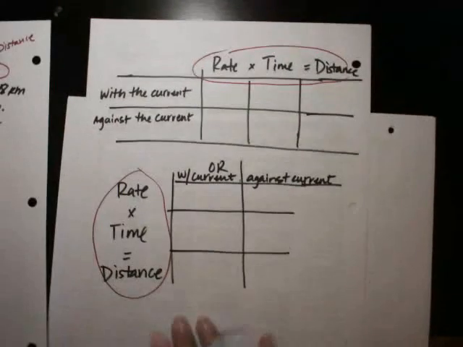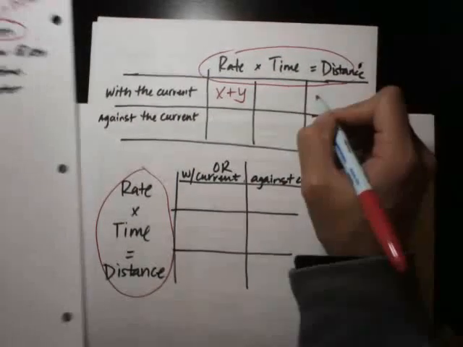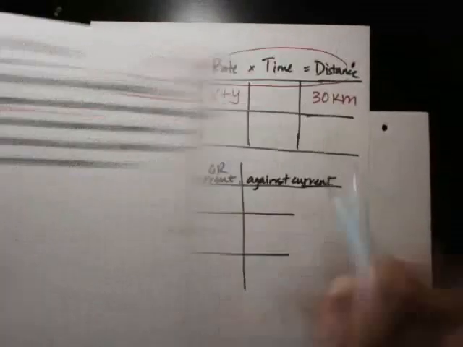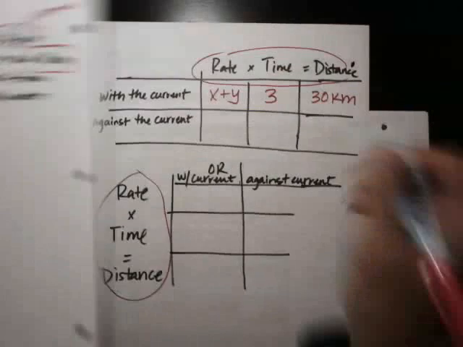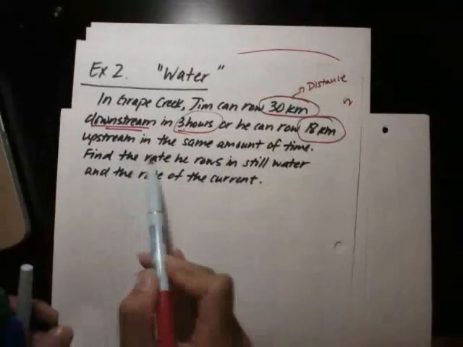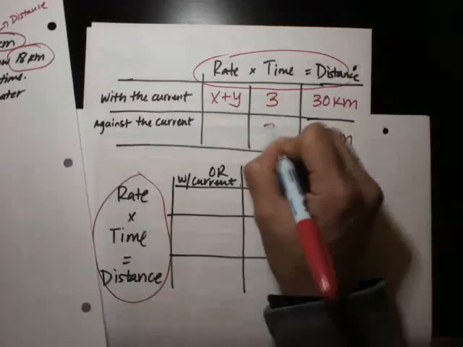So with the current, x plus y, Jim can row 30 kilometers, and it says in 3 hours, so let's fill in 3. He can row 18 kilometers, that's a distance, 18 kilometers, upstream in the same amount of time. So it was 3 hours here, it's 3 hours there.